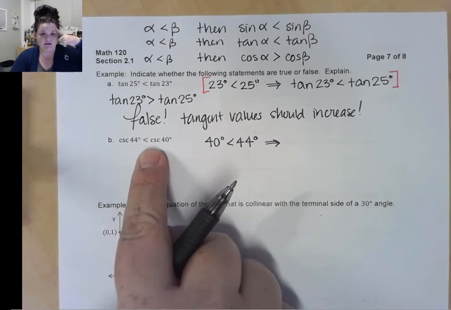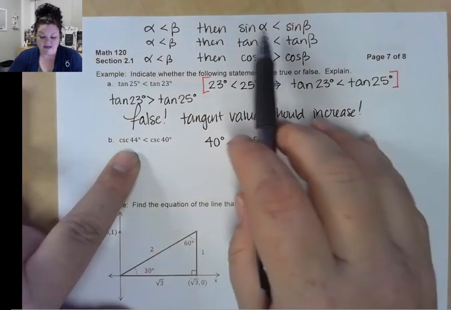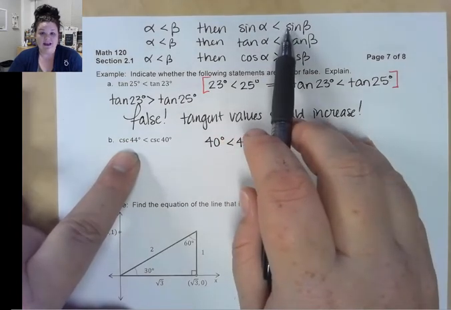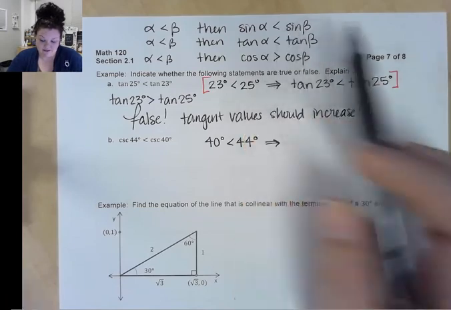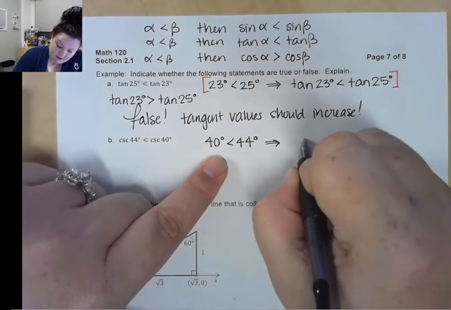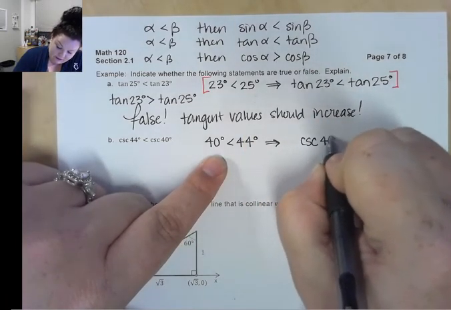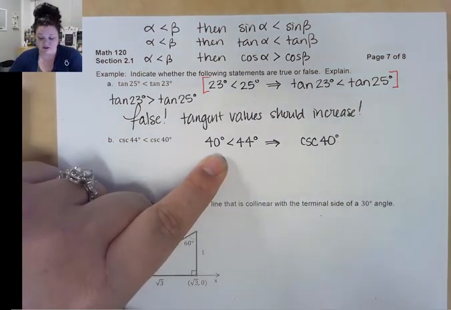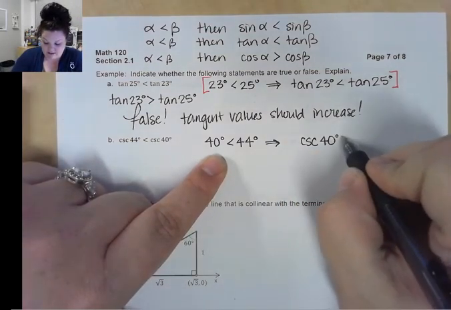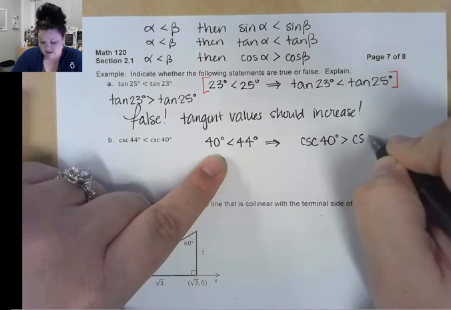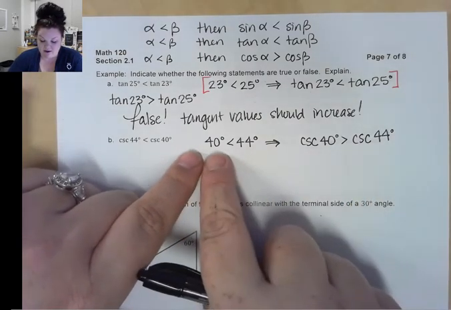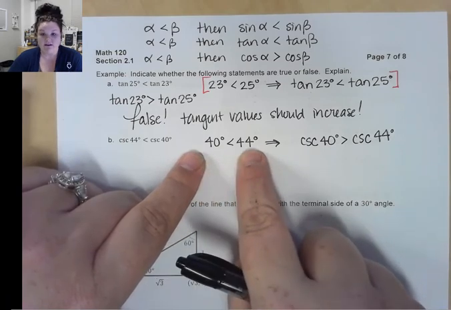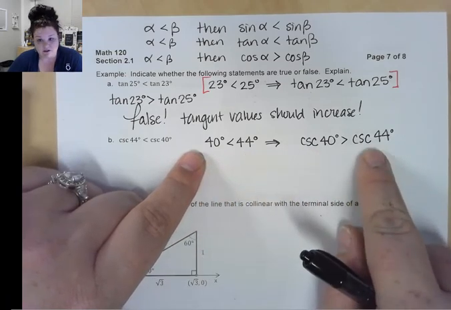Cosecant is the inverse of sine, right? Now sine increases and its inverse does the opposite. It decreases. So that means cosecant of 40 degrees, if it's a decreasing function, should actually be larger than cosecant 44 degrees, right? As my angle measures increase, the values get smaller, okay?